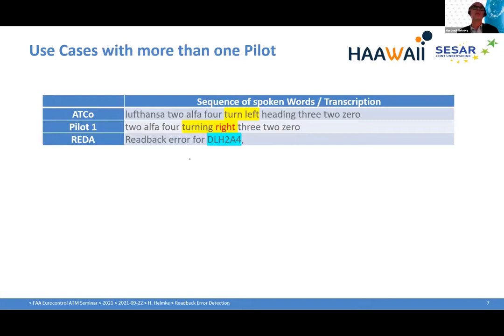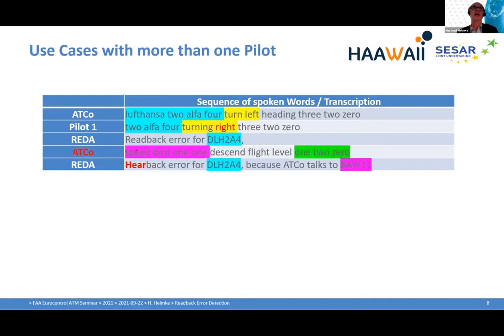Here we have a more complicated use case, which involves not just one pilot but more pilots. The ATCO says turn left. The pilot's answer is turn right. Maybe this is a readback error for this call sign. If the ATCO then talks immediately to the next call sign, then we have a hearback error.